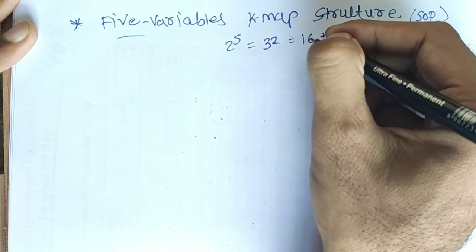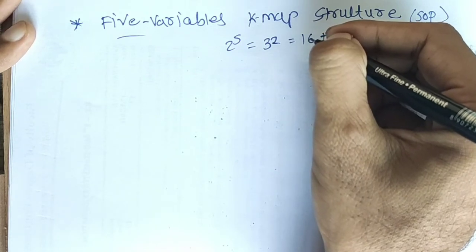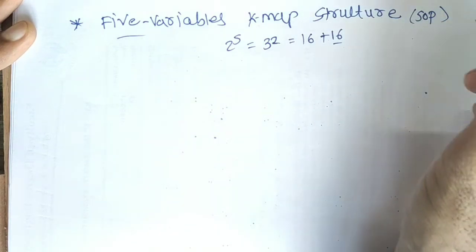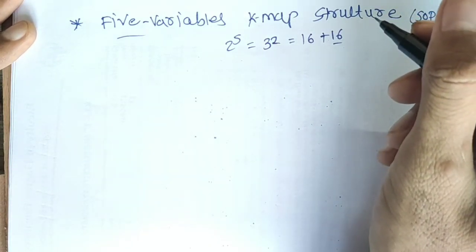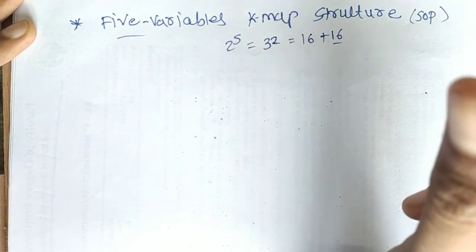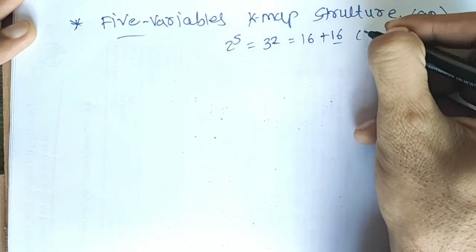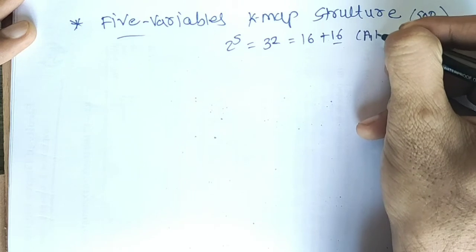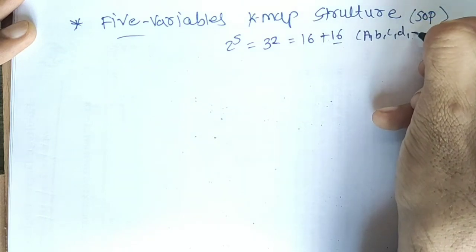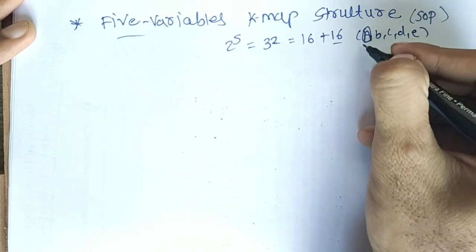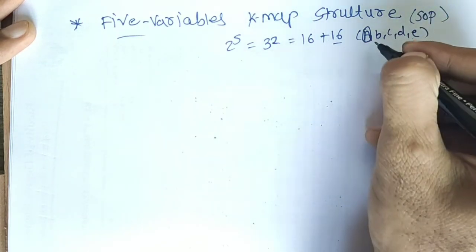The first 16 cells can be indicated with a 4 variable K-map, and the next 16 is again a 4 variable K-map. So the 5 variable K-map structure is a combination of two 4 variable structures, right? So 5 variables can be represented as A, B, C, D and E. Now the first variable, we have to differentiate in both the cells, right?